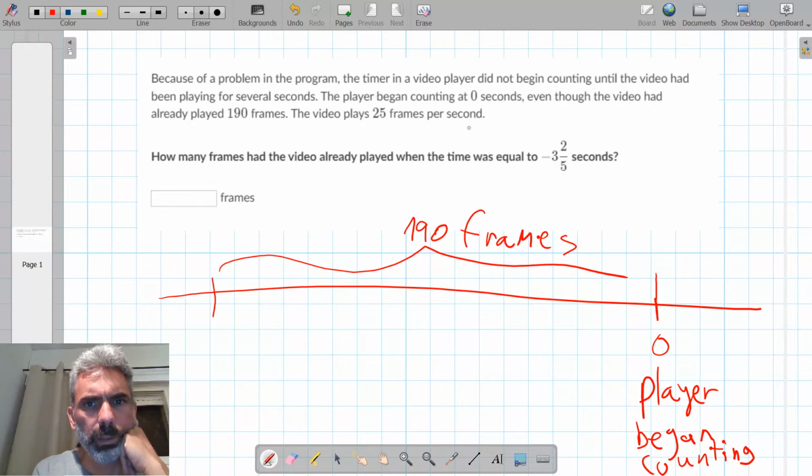The video plays, okay, 25 frames per second.